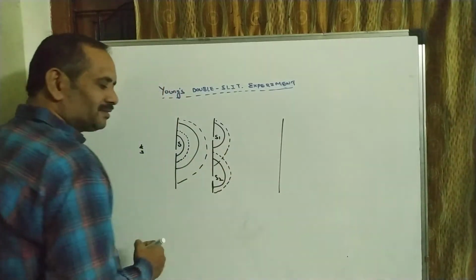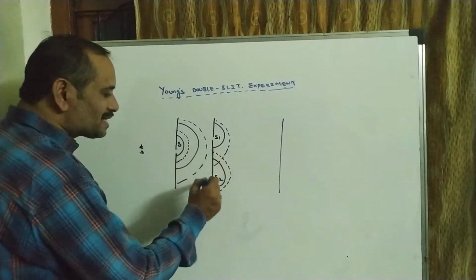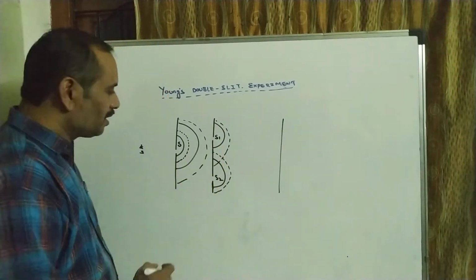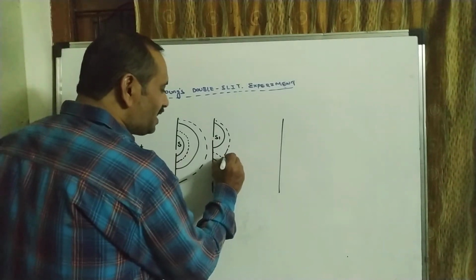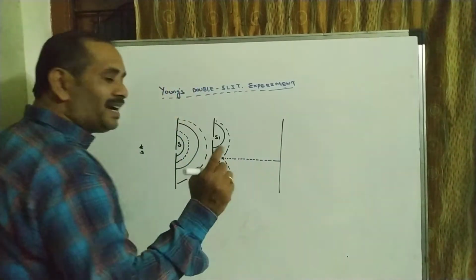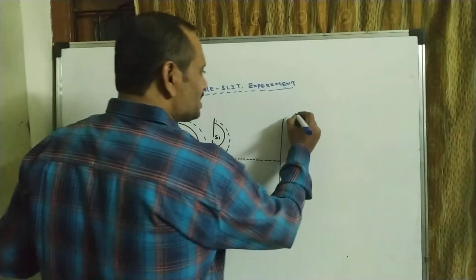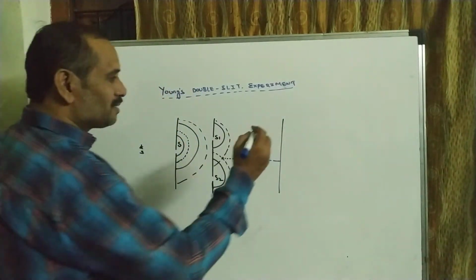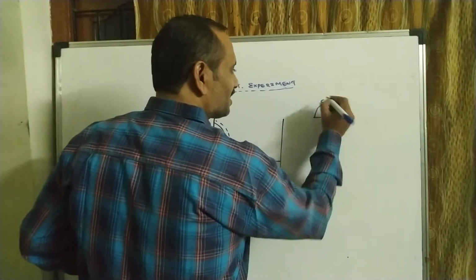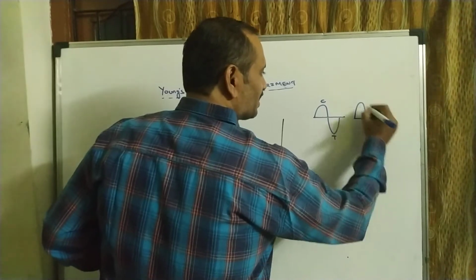This is the screen. Two light waves coming from S1 and S2 are superposed in such a way that alternate bright and dark bands are observed on the screen. When it is bright and when it is dark, you may work out like this. That is two troughs. This is the wave nature. Crest, trough. And this is one more crest and trough.